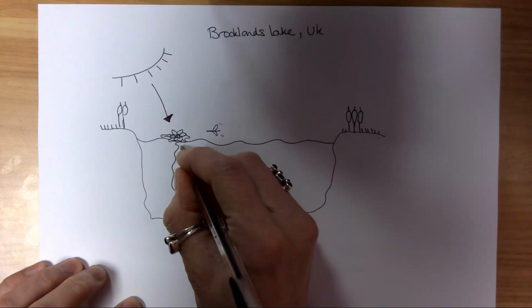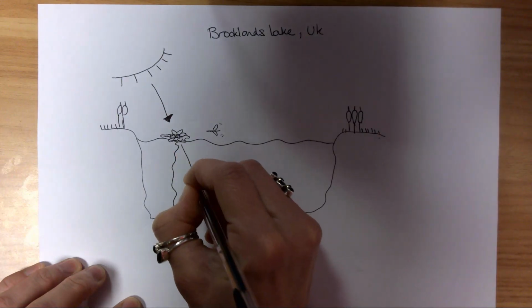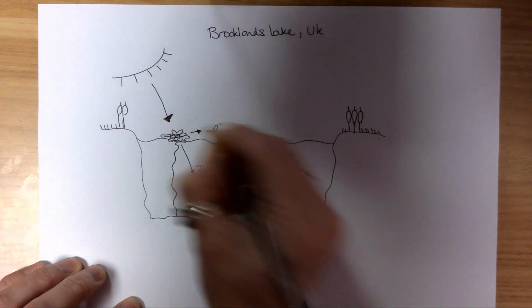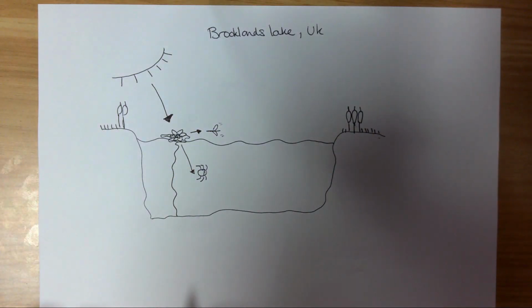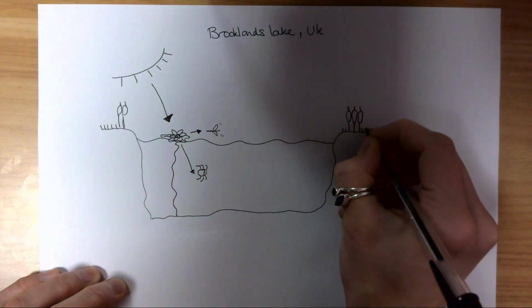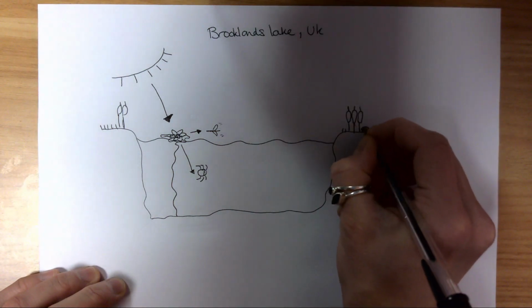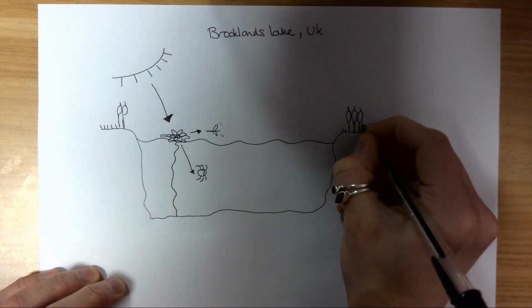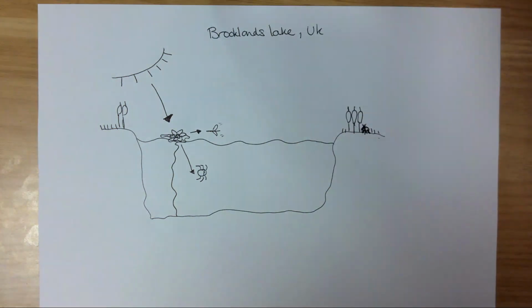So they are consuming the lily, or pollen from the plants, or even from the reeds. So let's just draw a little bug over here. It is enjoying consuming the reeds.